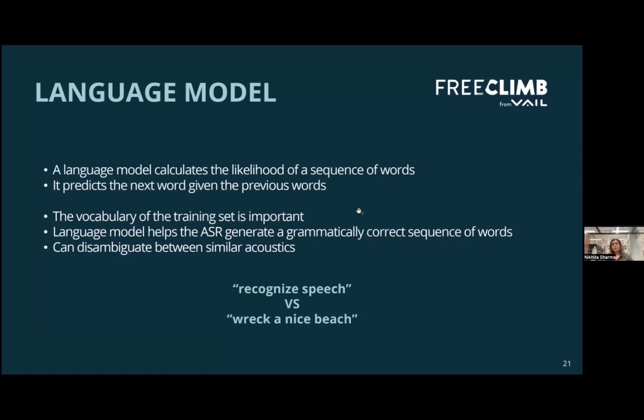So depending on what words are very common in your data set, it can better predict the word that is being said. So if there are similar sounding words, the language model helps to choose between which word should be selected as the output. So for example, if somebody said recognize speech, it could also be mistaken as recognize speech. So that distinction is made in the language model.